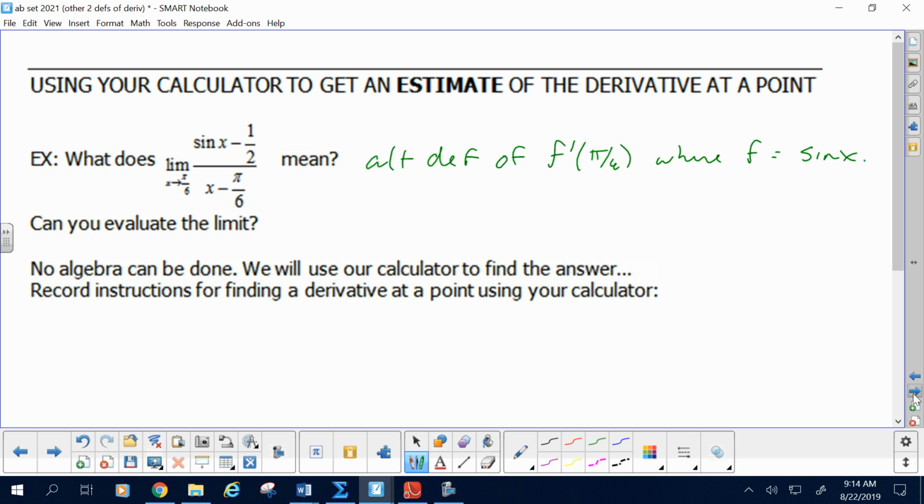And so normally we would say, all right, let's go to a table. Instead, we're going to use the calculator, which will calculate an estimate of the derivative. Your calculator cannot actually find the derivative of sine, and you guys haven't learned it. Well, last year if you had calculus, you know it, but for the most part we don't know the derivative of sine yet.